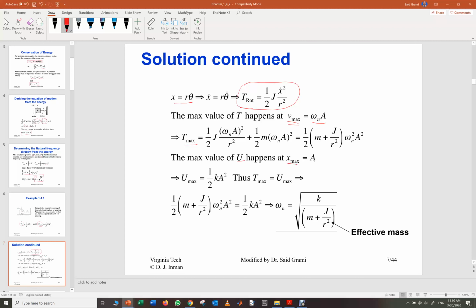T max equal to U max gives us, when we equate both quantities, omega n equals the square root of k over (m plus J over r squared). So this is the natural frequency for the system described by a disk attached to the spring, when it's rotating and there is displacement x.